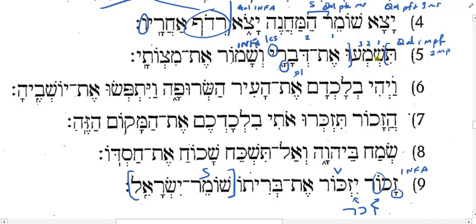No. This is shema with an ayin. This is shamar with a resh. So this is not the emphasis use because they're not sharing the same root. And it's not the complementary use because in a complementary use I have one main verb and 2 infinitive absolute forms, one of which shares the root letters. I don't have that at all here. So it's either the third or the fourth use.